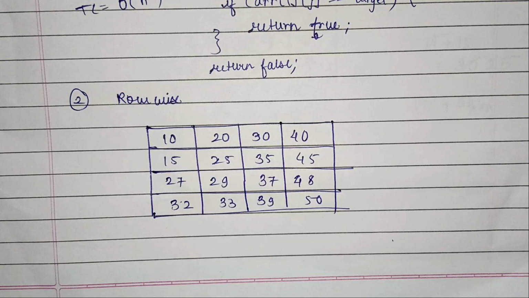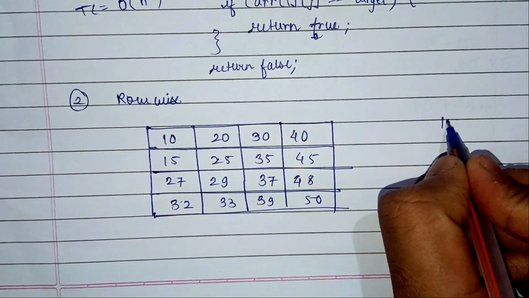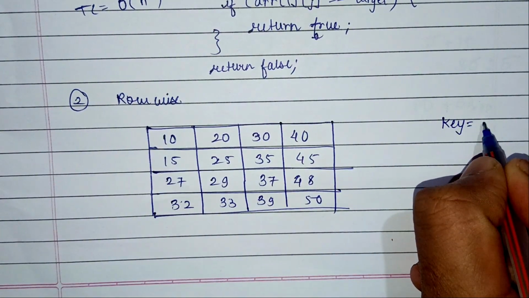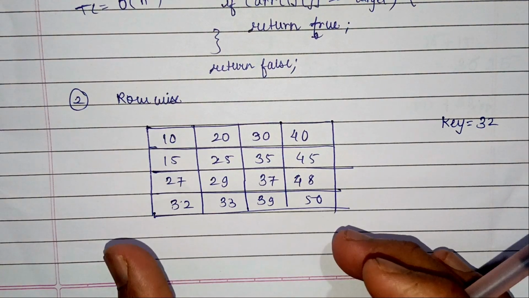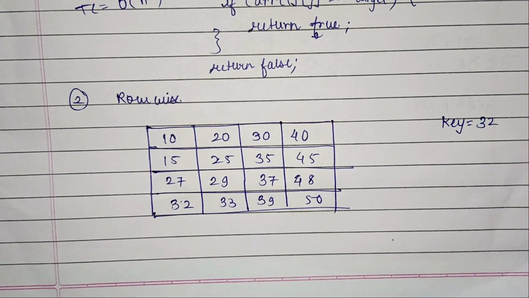I have drawn the above matrix again, and suppose we have to search the key 32 in this matrix. So we can apply algorithms row wise. We can apply linear search, or we can apply binary search.